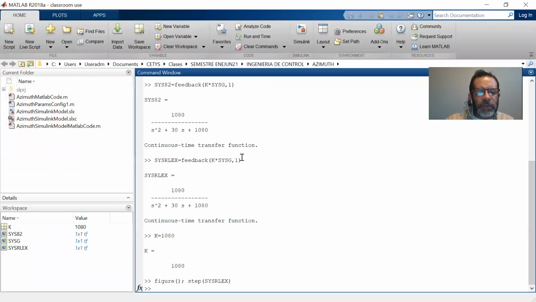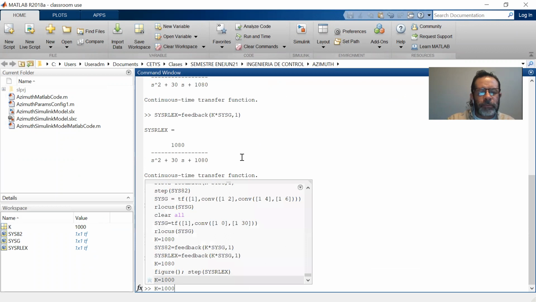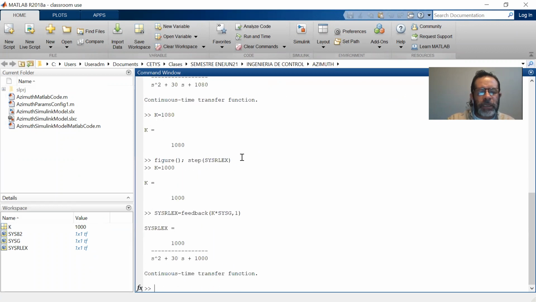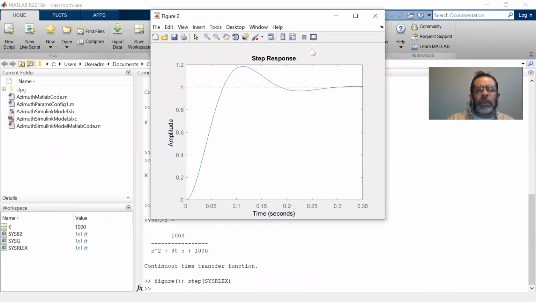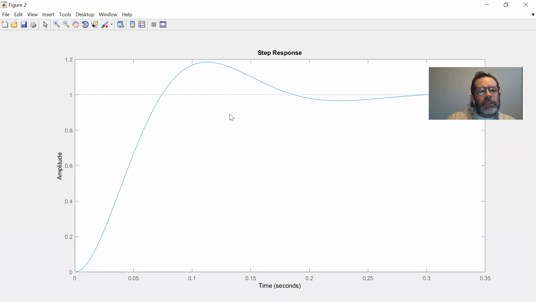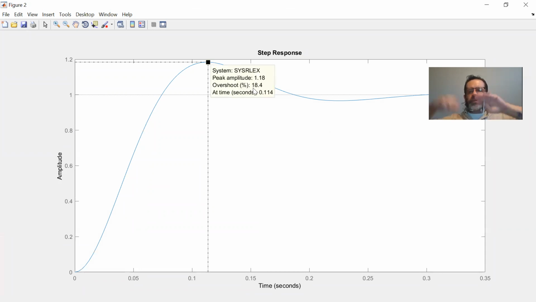So let's give it a value of k of, I don't know, 10,000. Let's do the feedback again. Let's do the step again. And now we notice that the overshoot got lower. So now the overshoot is 18.4, so it's gone lower.